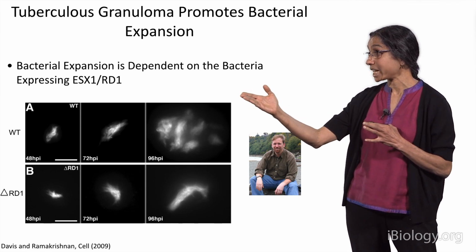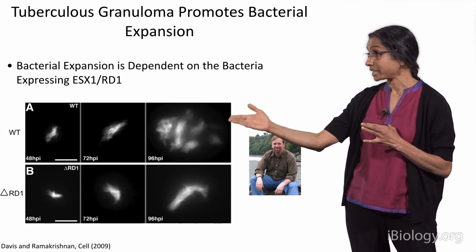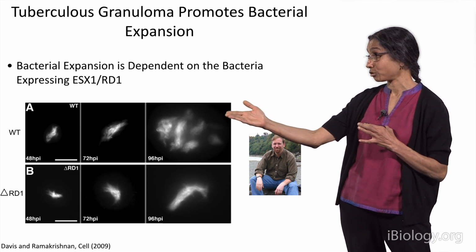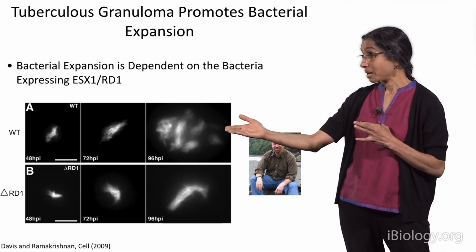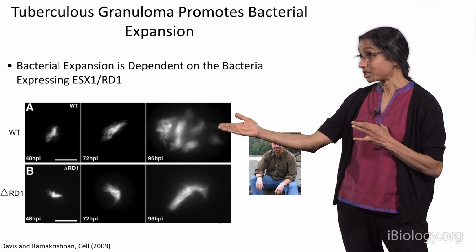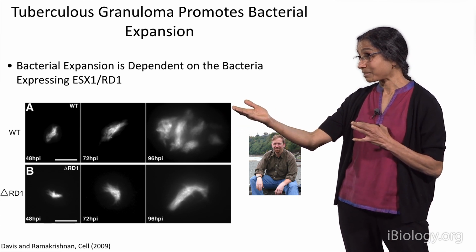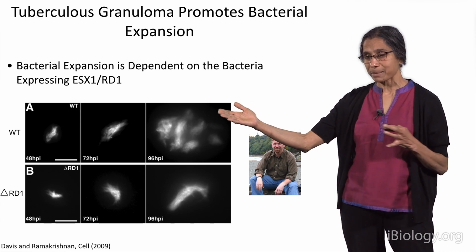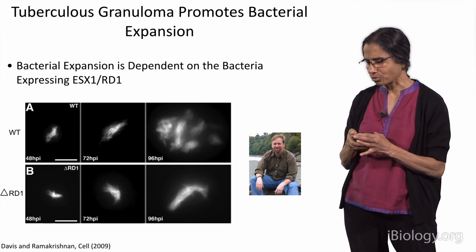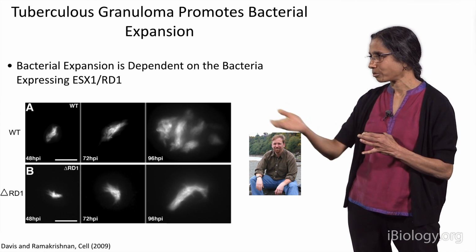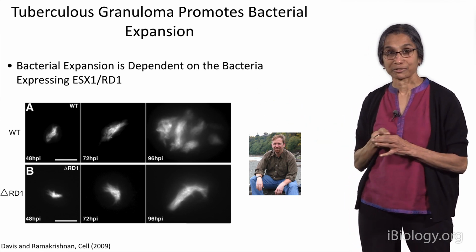You can see within 48 hours, you've gone from one infected macrophage in that top left panel to many infected macrophages. Whereas if the bacterium didn't have that locus, then that one macrophage just remains one great big macrophage, and the bacteria are just growing in it. But obviously, they're not doing as well as if they can spread to new macrophages.